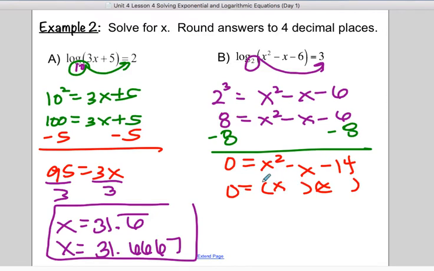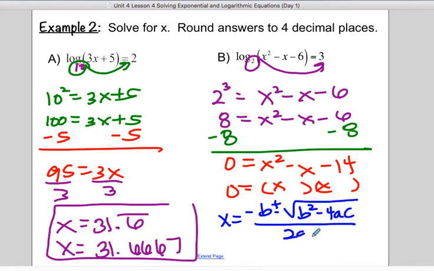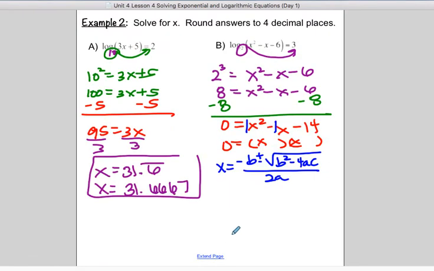But some of you love the quadratic formula, so we're going to go ahead and plug it into the quadratic formula. So x is equal to, remember, negative b plus or minus the square root of b squared minus 4 times a times c, all over 2a. So a is 1, b is negative 1, and c is negative 14, so we're plugging it in.